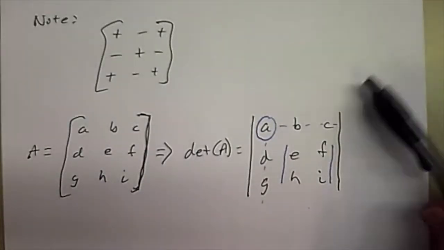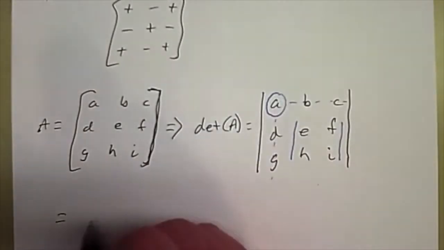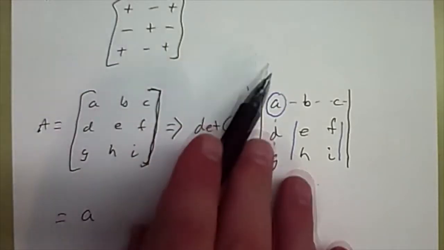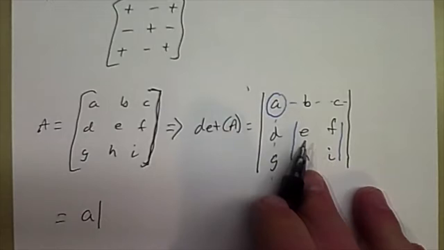So this whole thing equals A, and A is positive, so another way of thinking of that is that it's the same sign as A times the determinant of the leftovers.